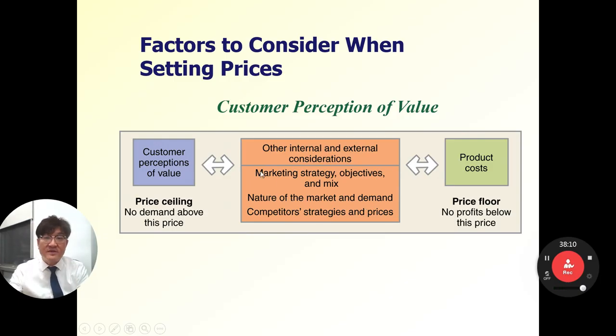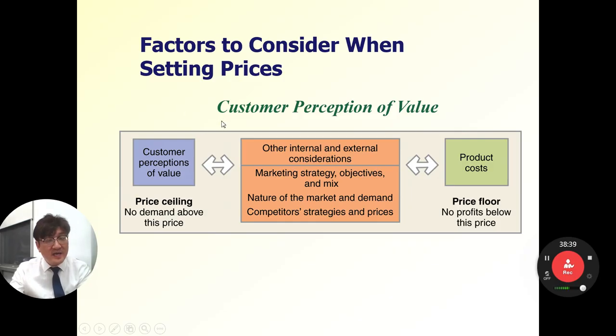The price is going to be decided somewhere in between these two points. If we know the customer's value perception and move this way, that is what we call value pricing.